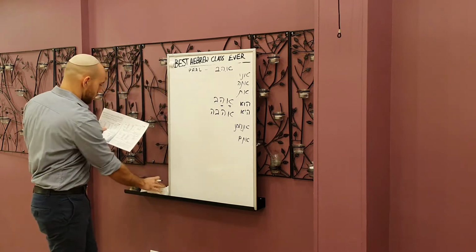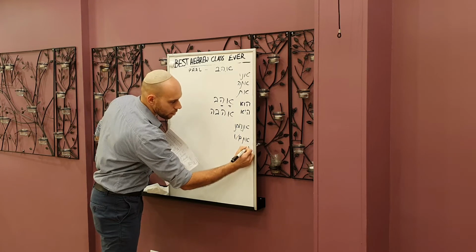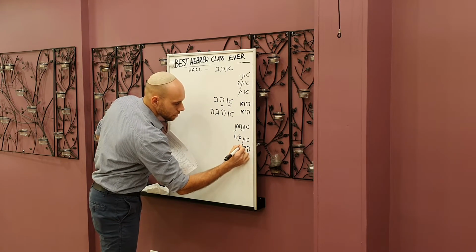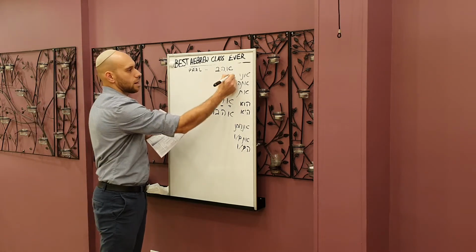We'll follow this chart. So it'll be atem slash aten, and then we'll do hem slash hen, right? So, ani ahavti.